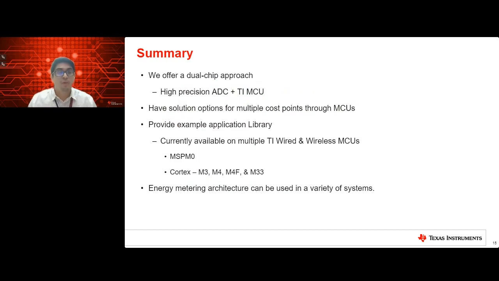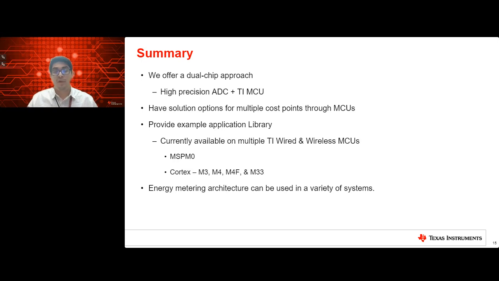So in summary here, we offer a dual chip solution with a high precision ADC plus a TI microcontroller. We have solution options for multiple different cost points, as I showed in the previous slide, with some of our lower end with the MSP-M0G up to our higher end with the wireless microcontrollers that we have available.